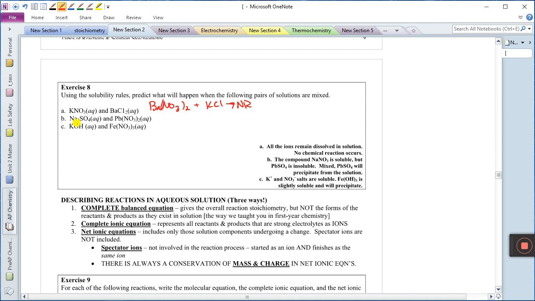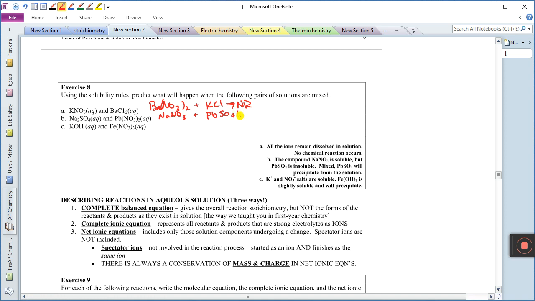All right. Sodium sulfate plus lead nitrate. So what are we going to get? Sodium nitrate and lead sulfate. Are we going to get a precipitate? Yes. Lead sulfate.